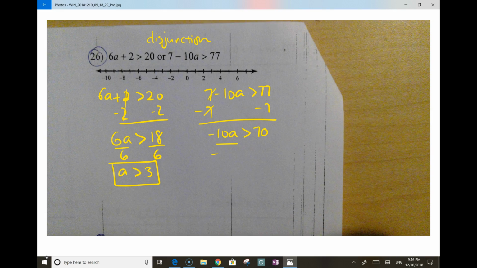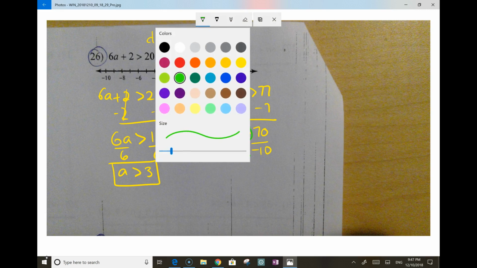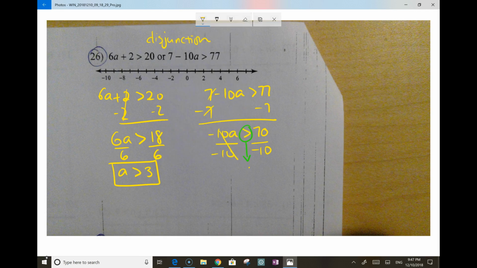And if I divide by negative 10, then I have to remember what happens when I divide by a negative number. So this inequality is now going to face the other way. It was greater, now it's going to be less. So I have a could be any value as long as it's less or smaller than negative 7.